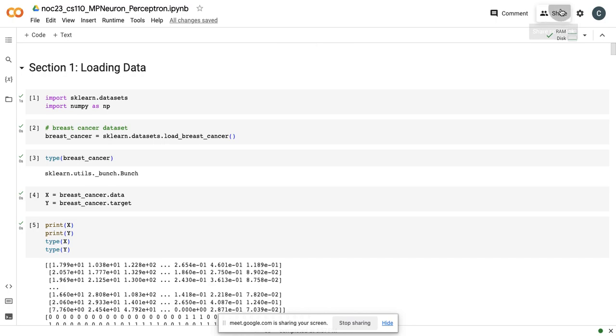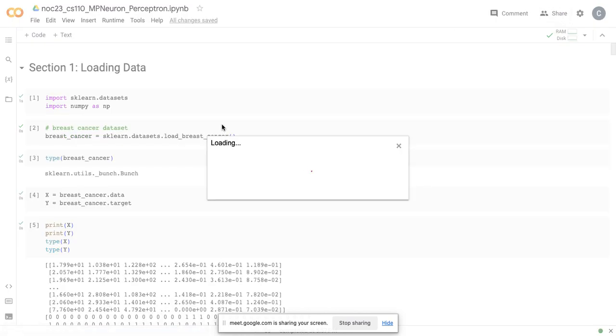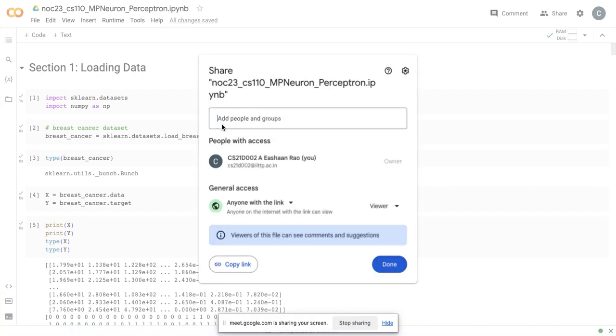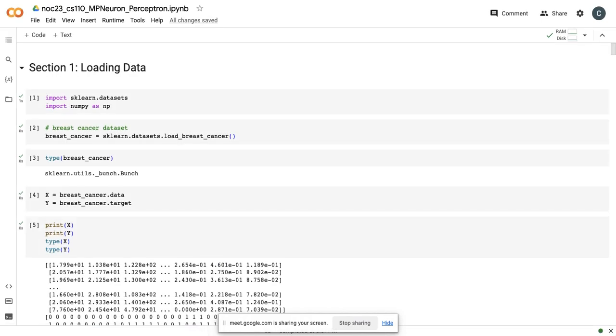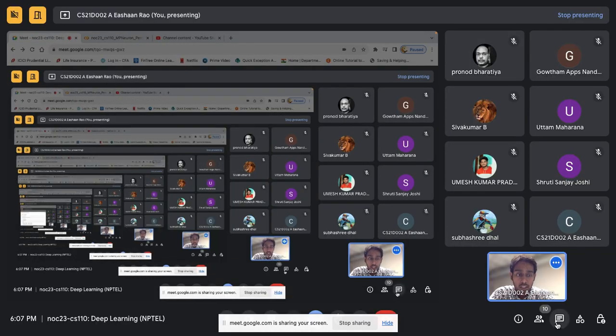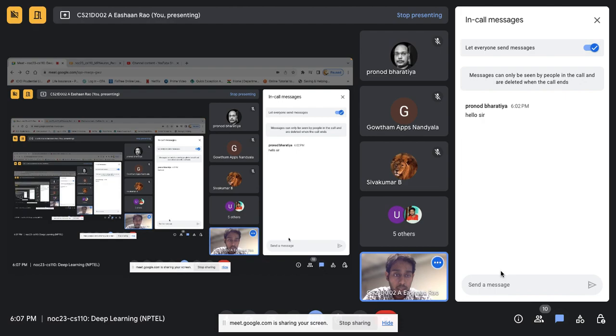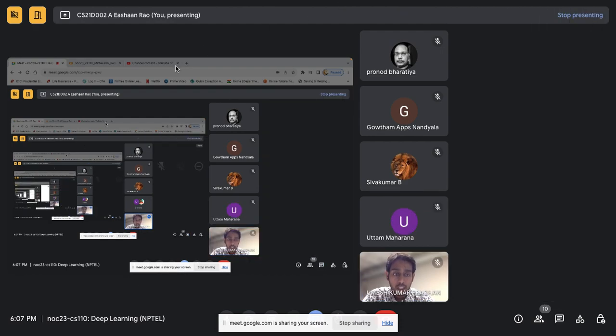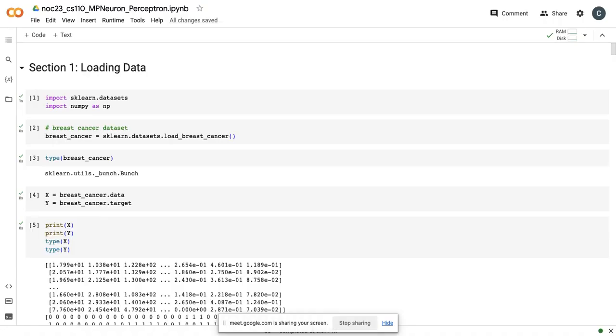Before that, let me share this again for the new people who have joined this time. Let me again share this Google Colab notebook where we wrote the code last time. I'll share it in the chat.